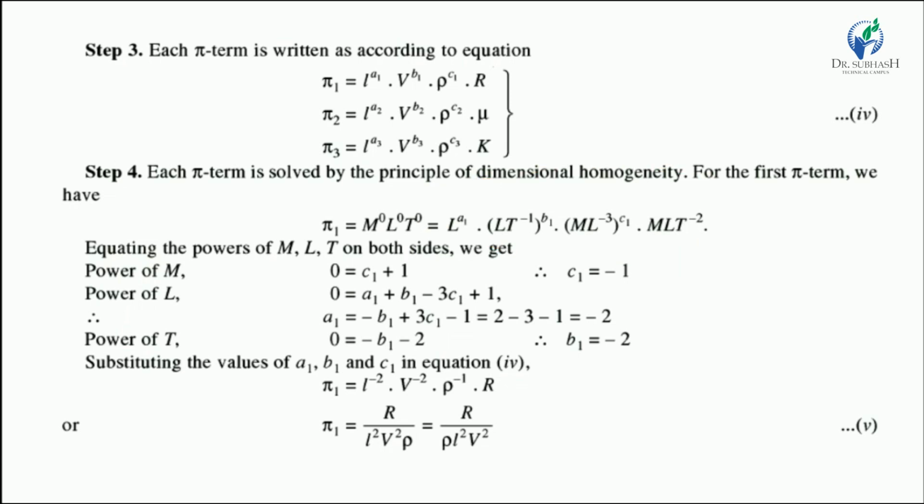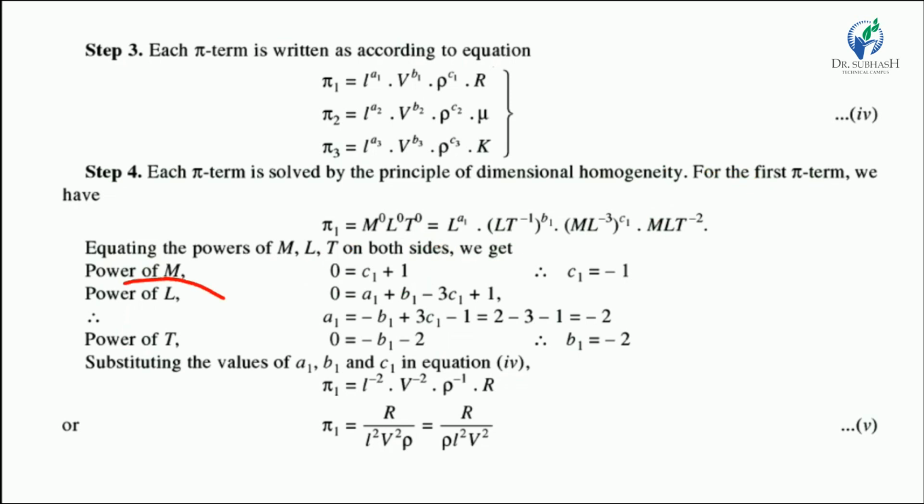Okay. Now we have to compare the MLT powers on the left side and right side of the equation. First the power of M is compared on the left and right side. We know the left side has no MLTs, so the power of M is 0 on the left side. On the right side the power of M is C1 plus 1.